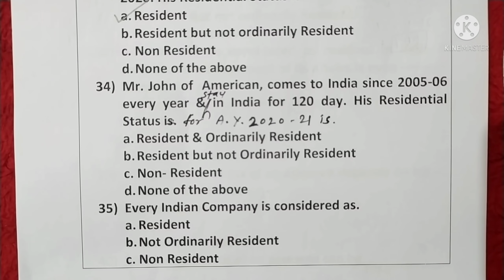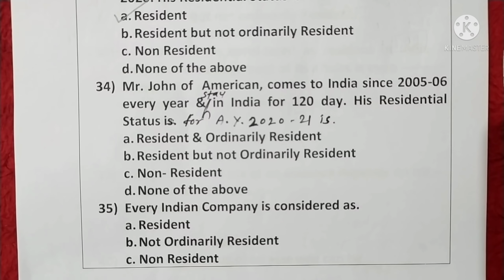Question 34. Mr. John of America comes to India since 2005 every year and stays in India for 120 days. His residential status for the assessment year 2020-21 is? Here, for a non-citizen to become a resident in India, he must stay in India at least 60 days during the previous year and 365 days during the 4 years preceding the previous year.